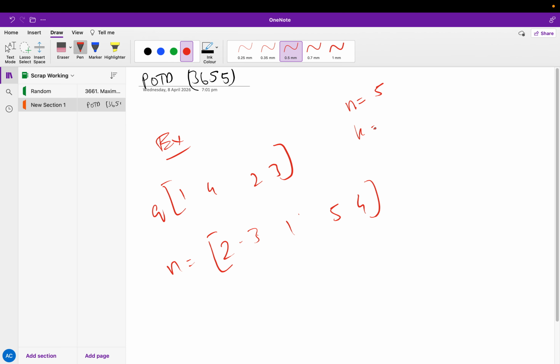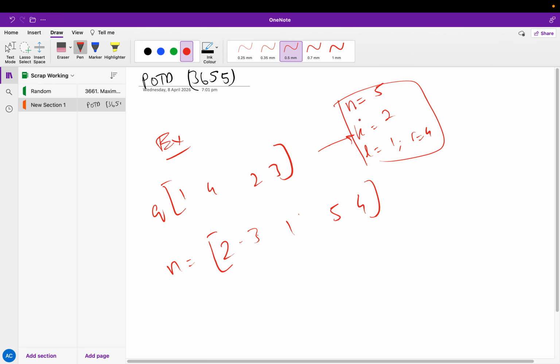The k value is 2, which is small. We're going to have to do a few jumps, right? The L value is 1, the R value is 4. So this is the information about the query, and that's just the size. So what we're saying is, instead of straight up updating straight away, what we can do is we can say, what can we say?